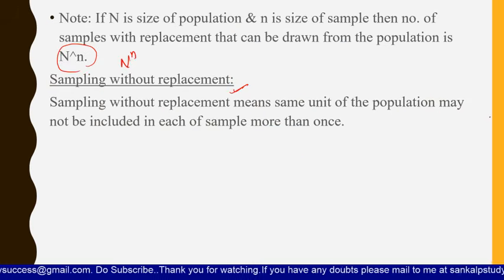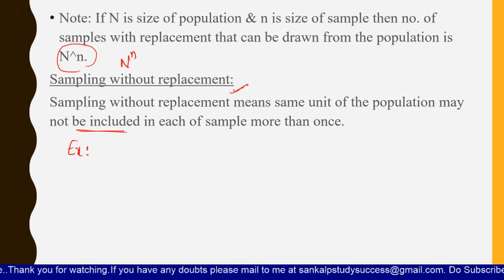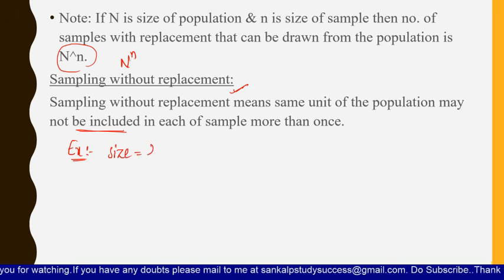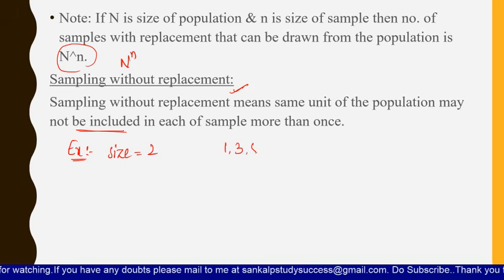Now let us see what is sampling without replacement. Sampling without replacement means the same unit of the population is not included in each sample more than once. That means it is included only once. Let us consider the same example, but without replacement. The size will be 2 and the numbers are 1, 3, 5 and 7.